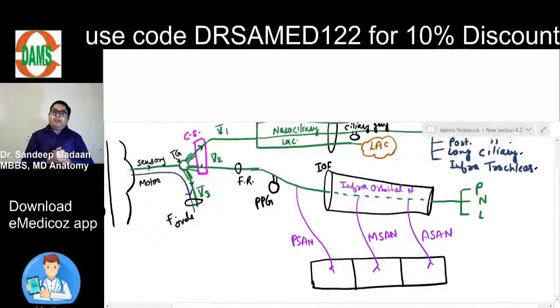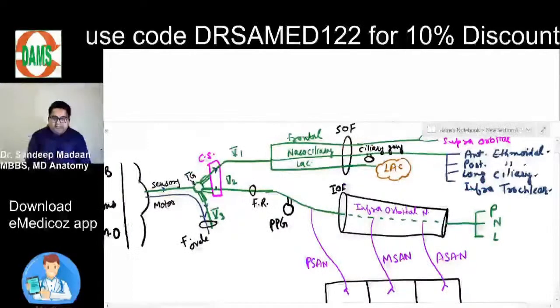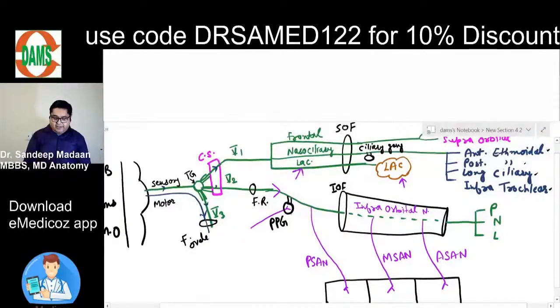How will the postganglionic fibers be delivered to the lacrimal gland? Because you see, the pterygopalatine ganglion is held by the maxillary nerve, whereas lacrimal gland is supplied by the lacrimal nerve. So what do we need here? We want a communication so that the fibers which have reached here in the pterygopalatine ganglion must be delivered to the lacrimal. Okay, let me write the pathway and then I will explain.